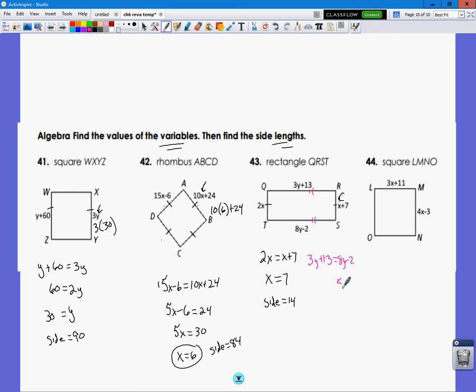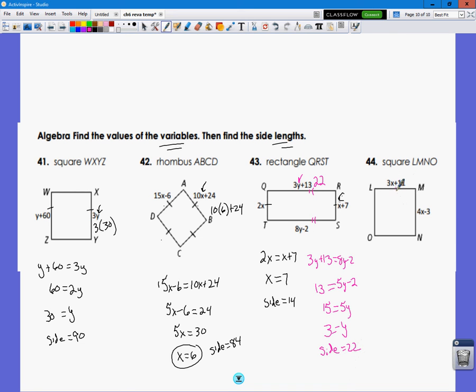Subtracting 3y from both sides would leave me 5y minus 2 equals 13. Adding 2 gives me 15 equals 5y, which means y is equal to 3. When I plug that back in up here, 3 times 3 is 9, plus 13 tells me that this side is 22 units long.